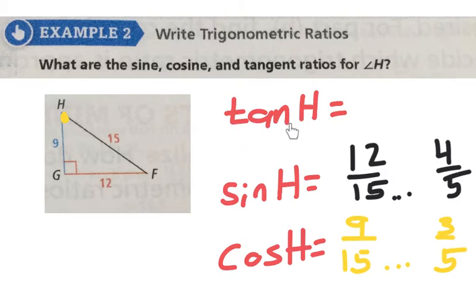And then my last trig function is tangent from angle H. It tells me here tangent is the opposite over the adjacent. So again, if I'm from angle H, the opposite side is 12, the adjacent side is 9. So tangent of H would be 12 over 9, which we can reduce to be 4 over 3.